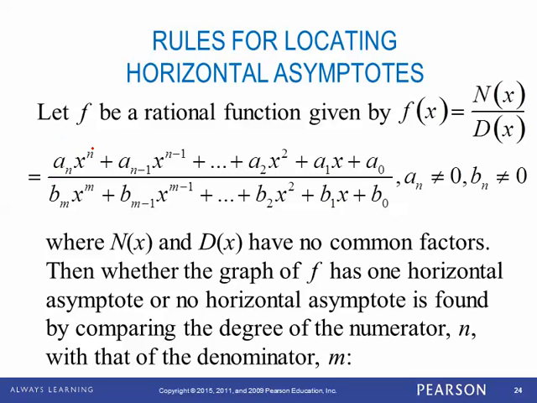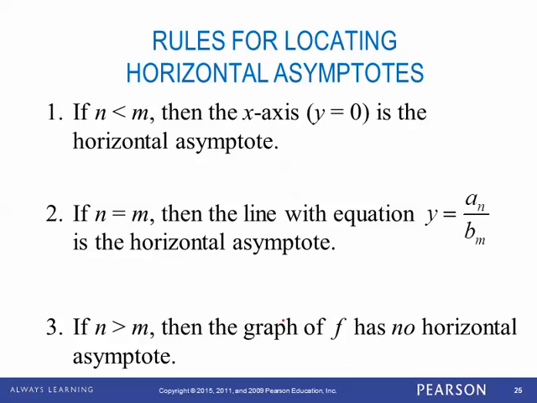The degree of the numerator is n, and the degree of the denominator is m. So it all depends on the degree. And there are 3 different cases. There they are. If n is less than m, then we do have a horizontal asymptote. The horizontal asymptote is the x-axis, and the equation for it is y is equal to 0.